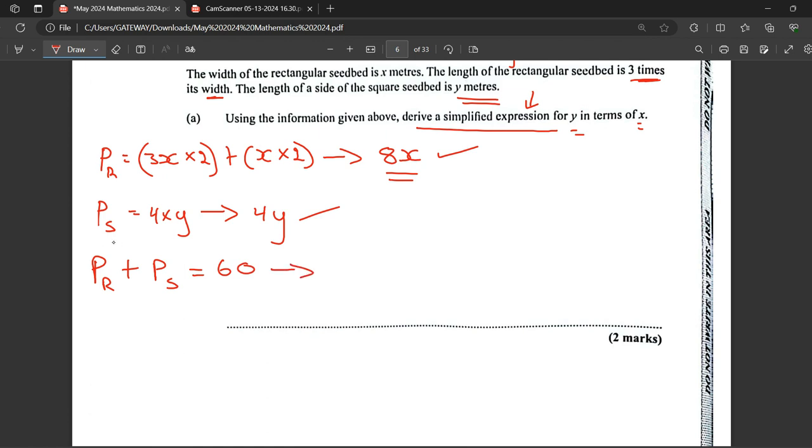So we substitute what PR is, that's 8x, and what PS is, which is 4y. So 8x plus 4y is equal to 60. If we want, we could solve for y here. So 4y, let me put that at the bottom there, because I want to put my answer in that space.